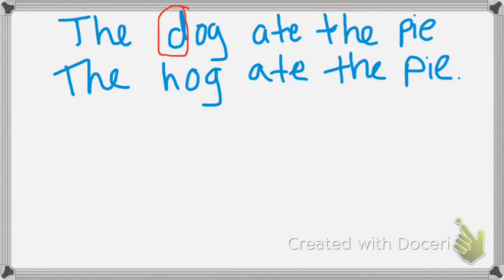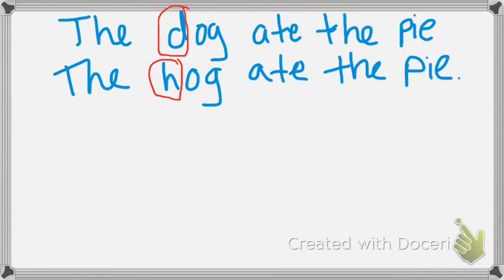The only change we've made is swapping out that D for an H, but now our entire sentence has changed. You can still read it and it still makes sense, it just means something totally different.